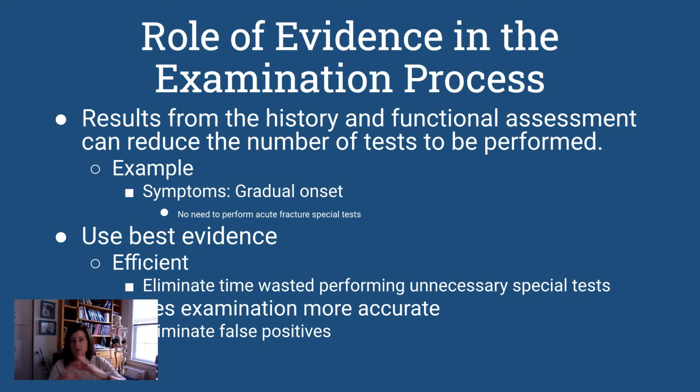You don't need to do every special test that you've ever learned for the knee to figure out what's going on with the knee. 80% of the information should be obtained from the history that you're getting from the patient. And then you have your functional assessment on top of that to help you. And that's going to guide you in terms of your hypothesis, and what special tests you need to do to either support or refute the hypothesis that you've generated.